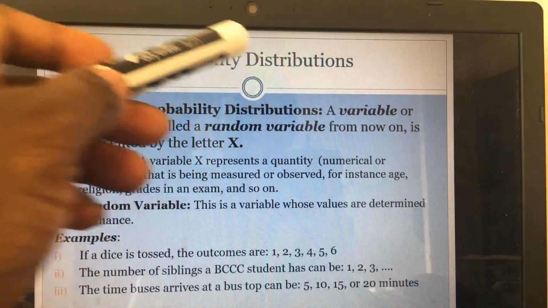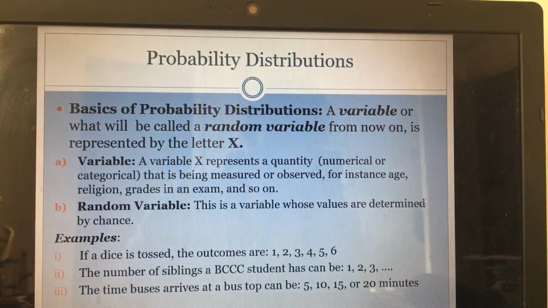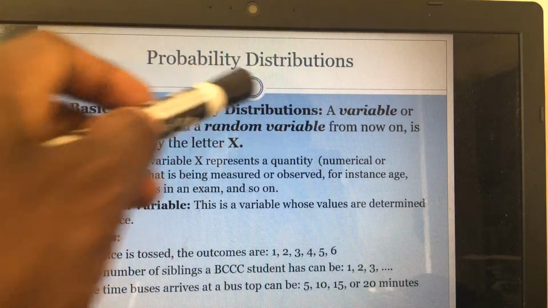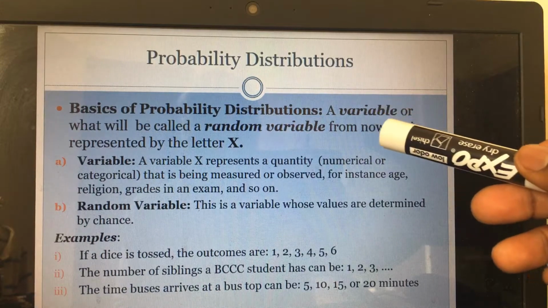probability distributions, let me give you some background information that will be very important for you because it will help you to understand the concept of probability distributions. Now let's look at the basics here. First of all, look at the variable.